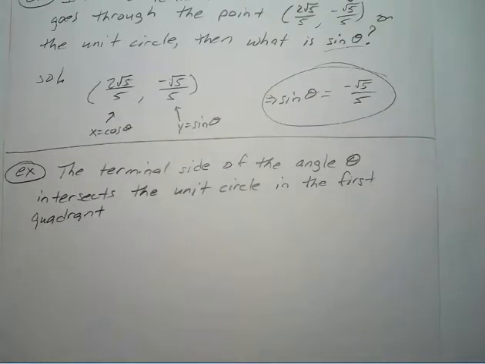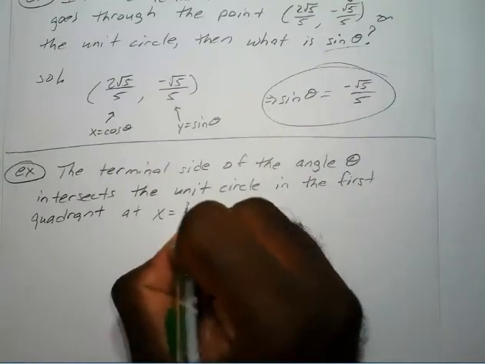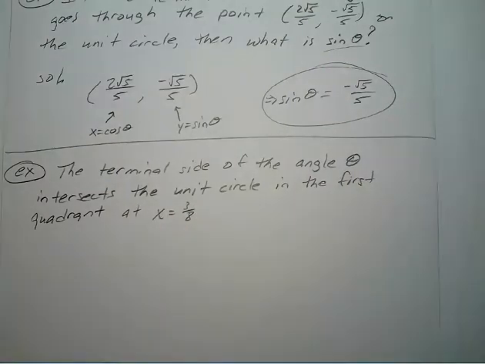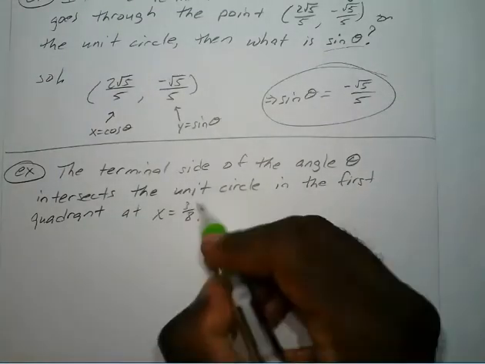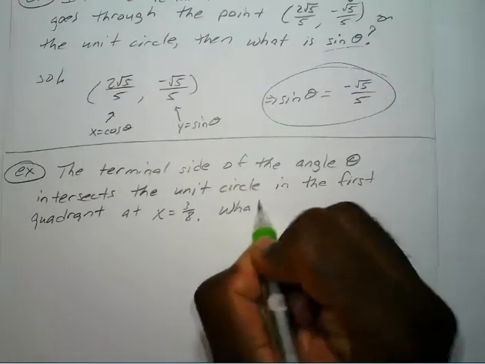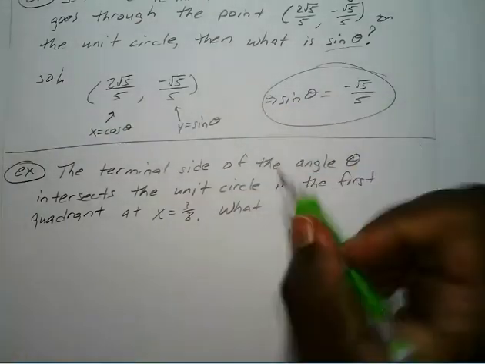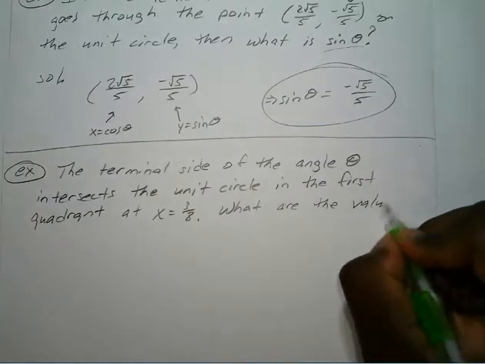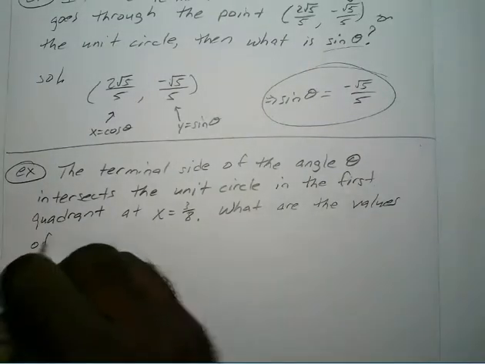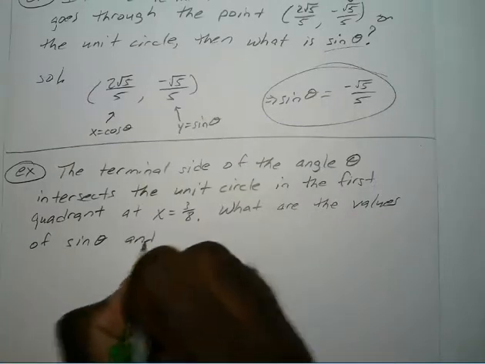Remember, when they mention a quadrant, it's important. At x equals 3/8. Okay. So what are the values of sine and cosine?